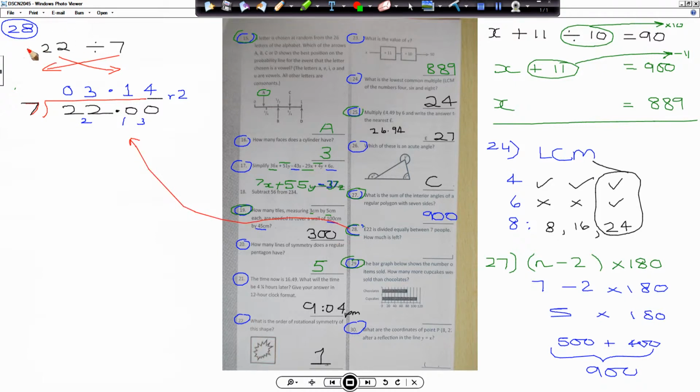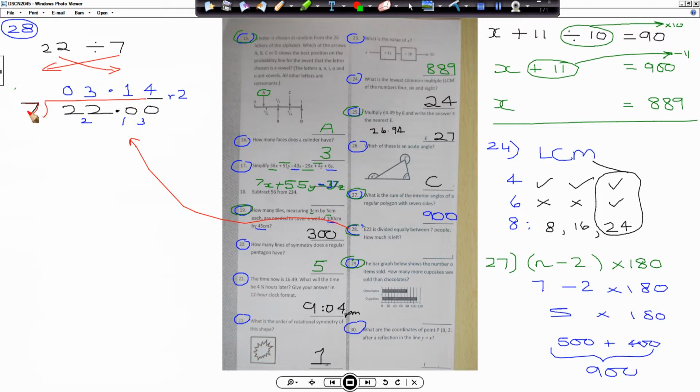So we have £22 divided by 7 people. The 22 goes inside and the 7 goes outside. We use the bus stop technique. How many 7s in 2? Nothing, remainder 2. How many 7s in 22? 3. 7 times 3 is 21, remainder 1. How many 7s in 10? 1, remainder 3.